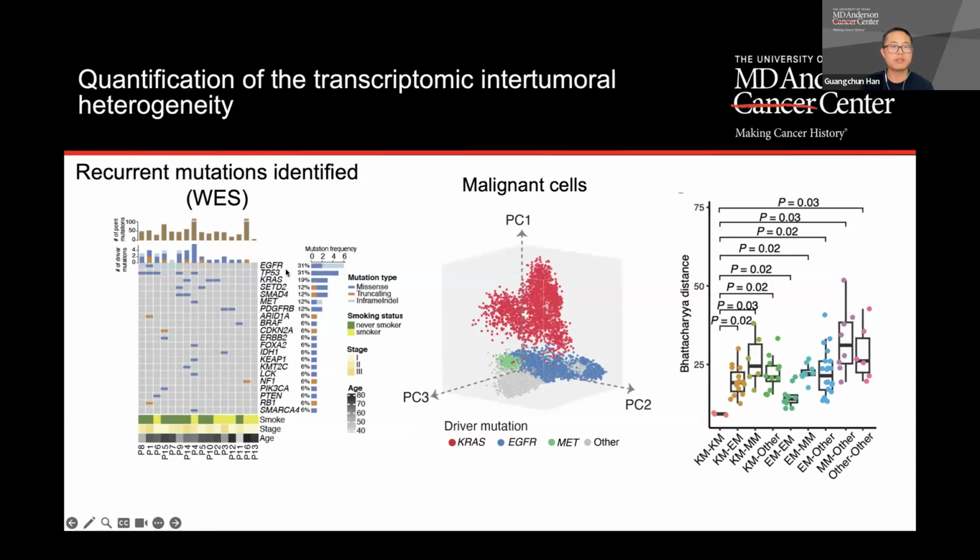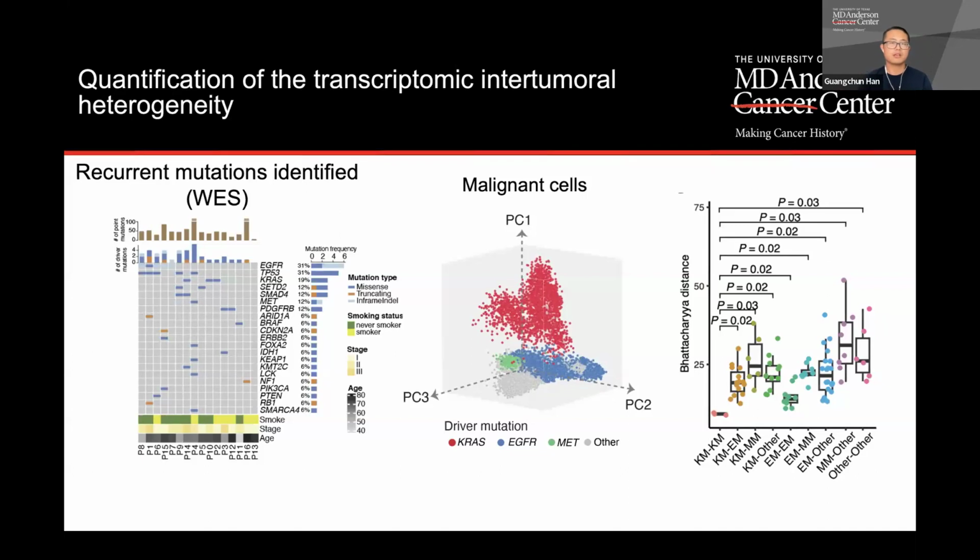The most frequent mutation was EGFR, and we also found TP53 mutation as well as KRAS mutation. In addition to these, we also found, for example, LKB1 mutation, and we also found fusion events in one of the patients. But due to the limited cohort, we are focusing on the frequent EGFR and KRAS mutations.